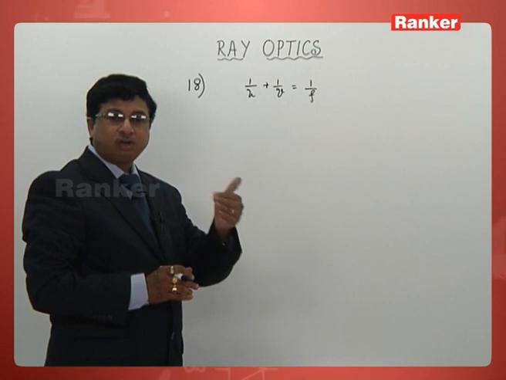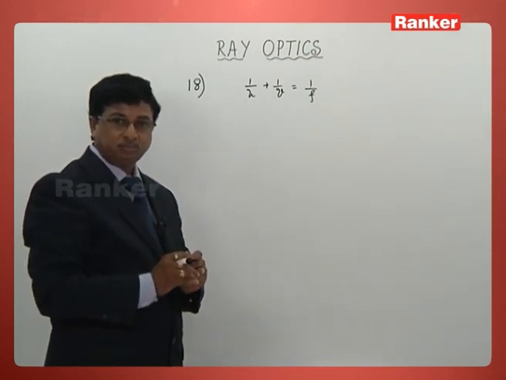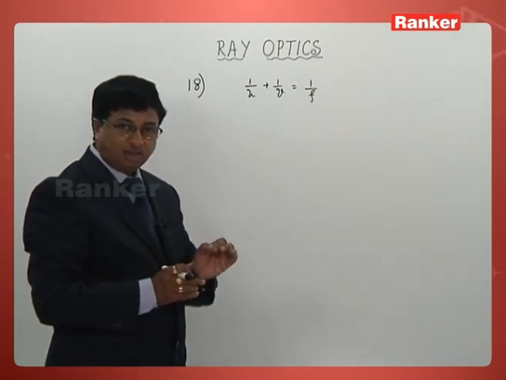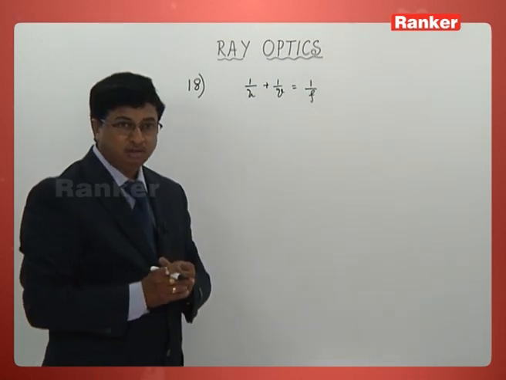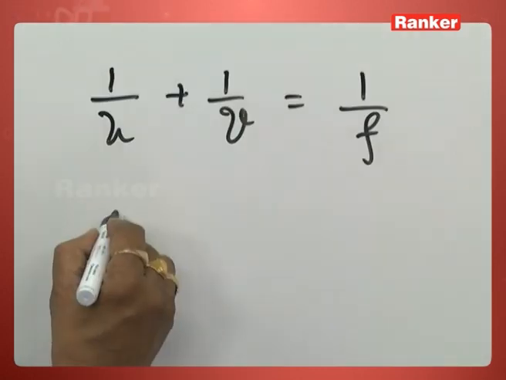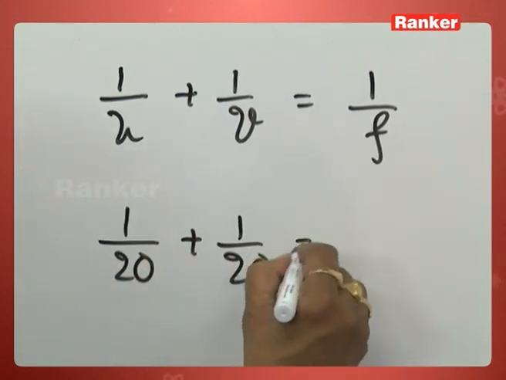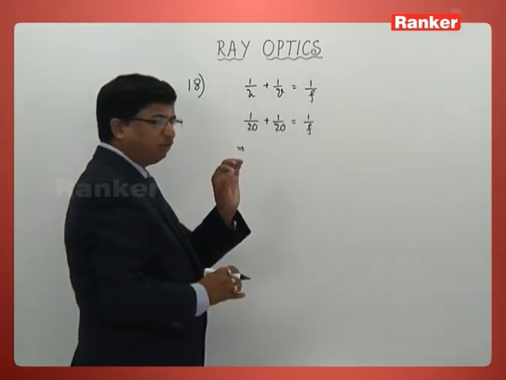Now he is talking about 20 centimeter behind. Behind the mirror means that it is going to be along the direction of the incident light. So we can now write 1 by 20 plus 1 by 20 is equal to 1 by f. Only thing you should identify is that point.